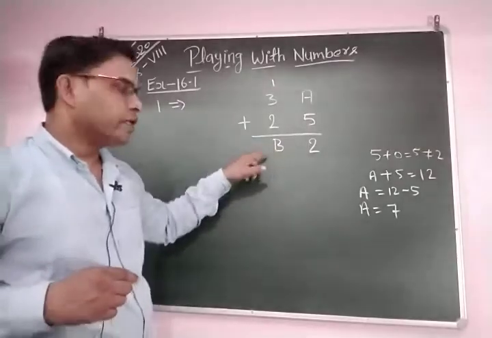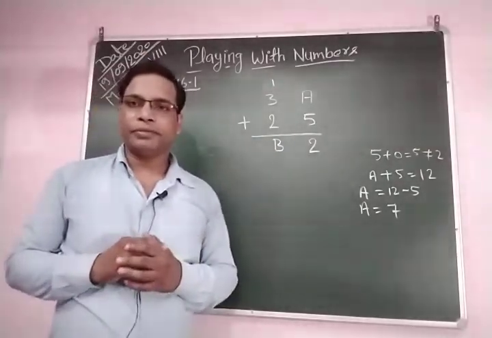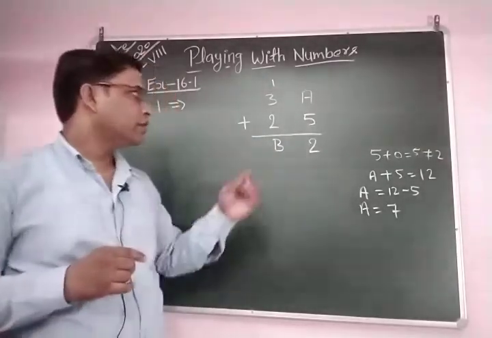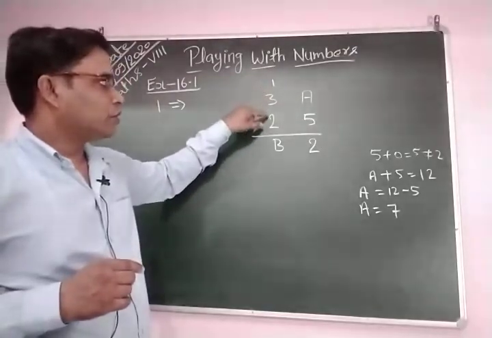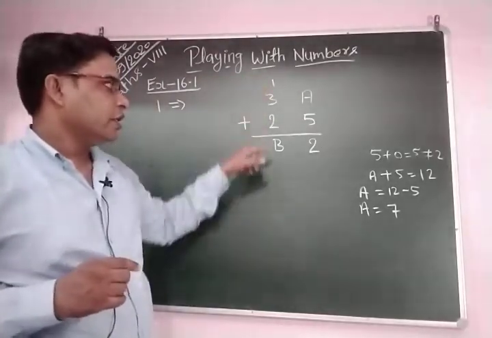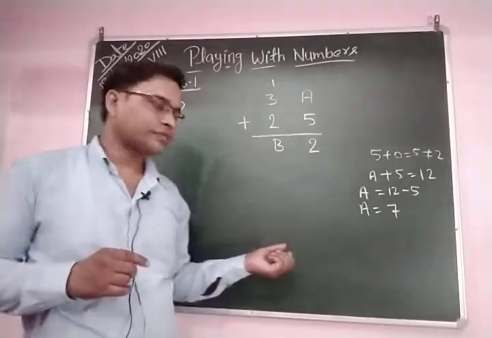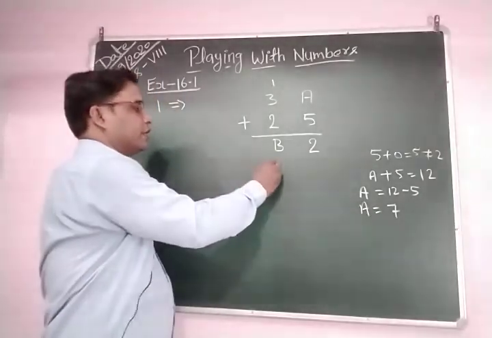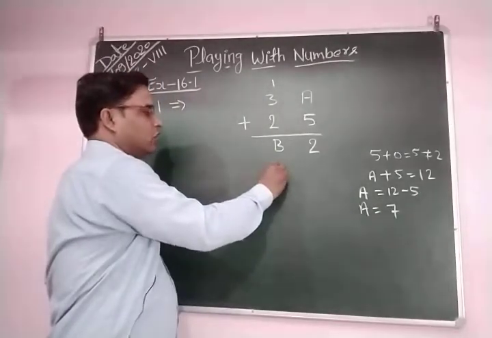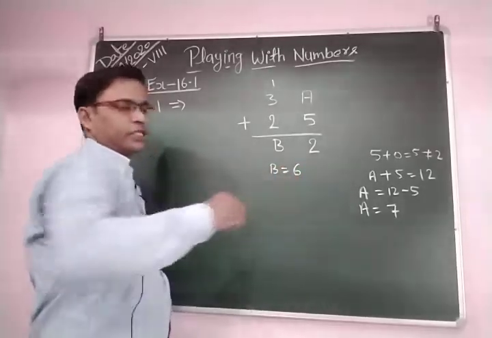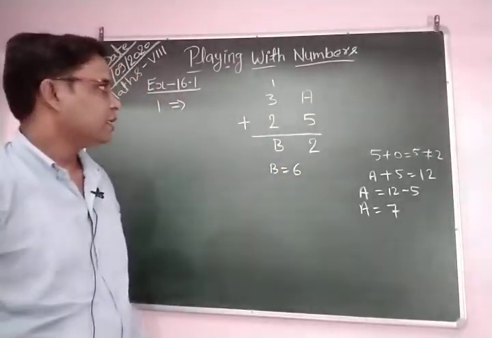Now what is the value of letter b? Here 3 plus 2 is 5 and 1 carry makes 6. So the value of b is equal to 6.